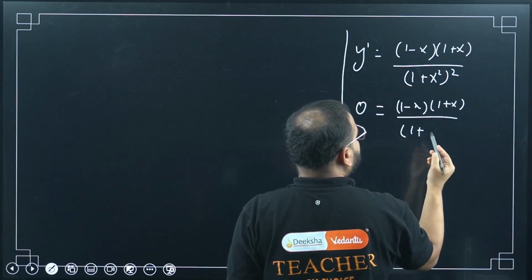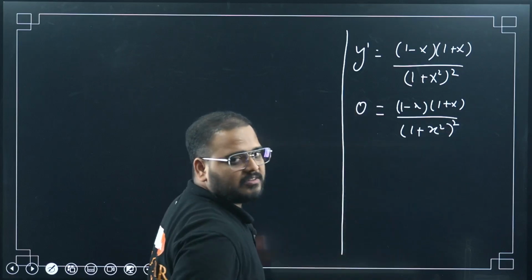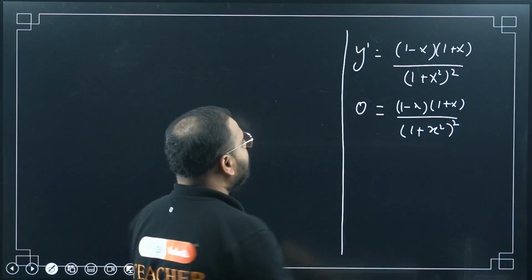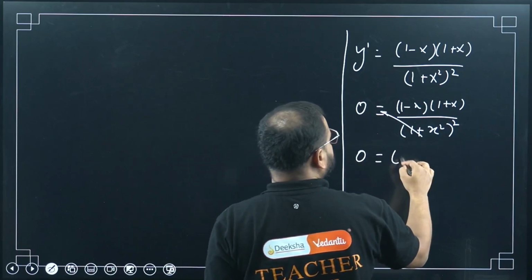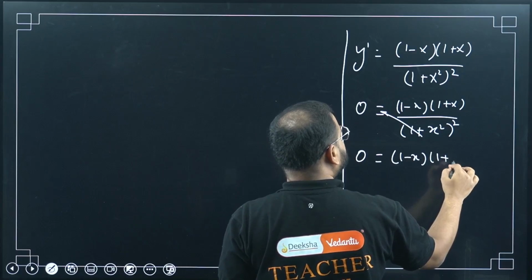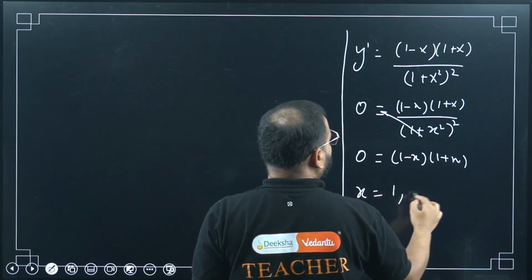If this is a non-zero positive number, I can multiply it over here and it will become simply 0. What are the values that I'm getting? x equals 1 and minus 1.